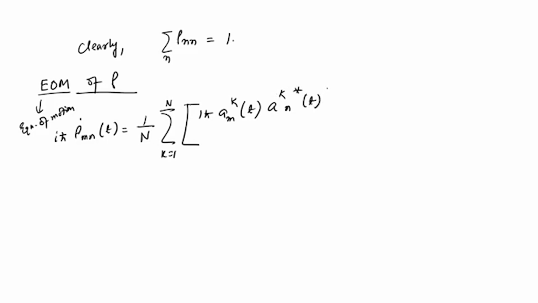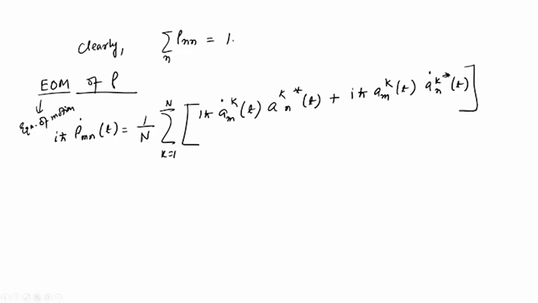So, this is one term, and then there will be another term. Here we are taking a time derivative, and now we will take the time derivative on the other factor, that is a nk star dot of t, and so on.